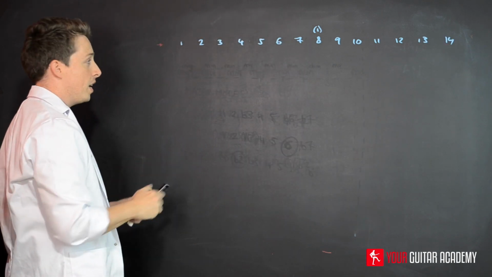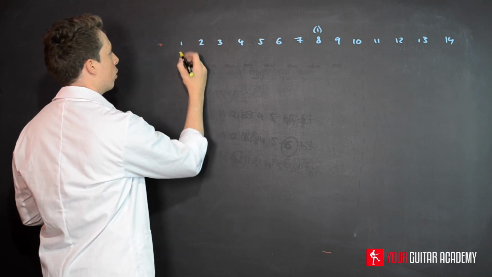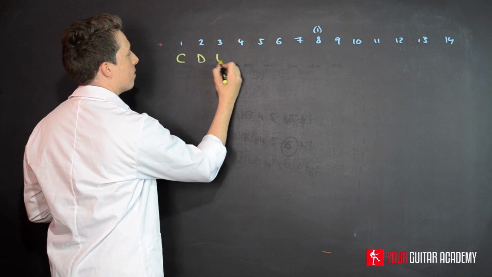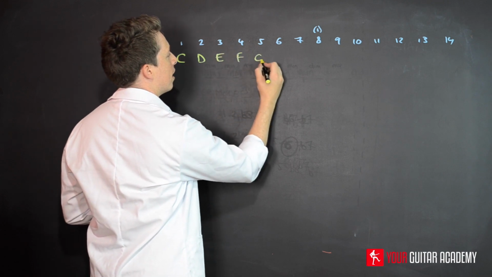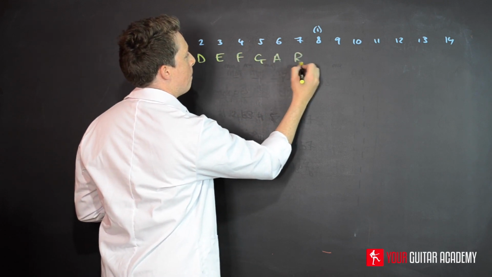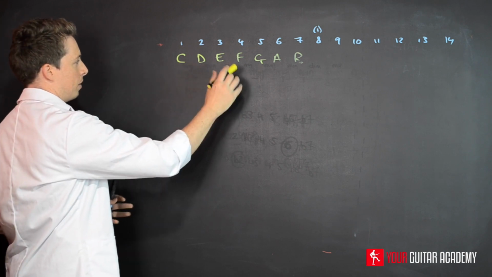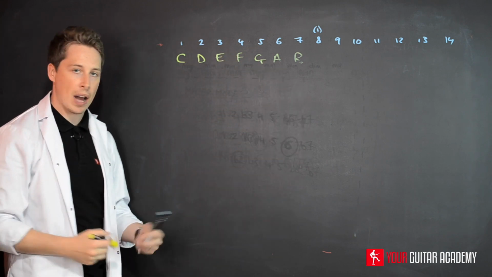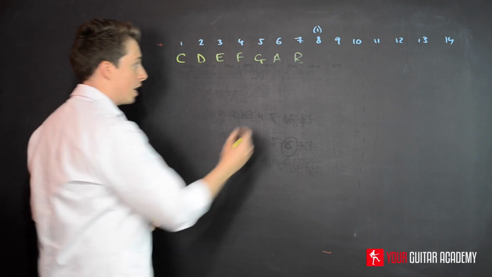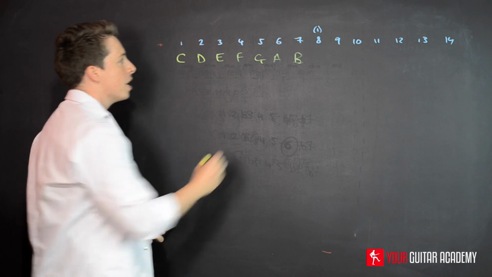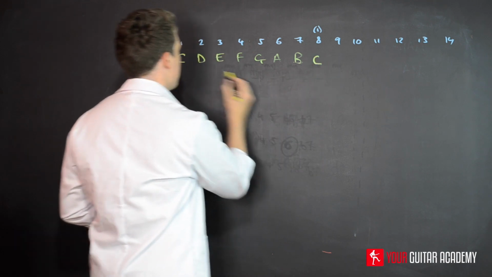Now if I actually put the notes on there, you'll see it's just 2 octaves, same notes. C, D, E, F, G, A, B. Remember that's our tone, tone, semitone, tone, tone, tone, semitone to work out our C major scale, but it's nice and easy, the C major scale, no sharps or flats. When we get back to the C again, we just continue.